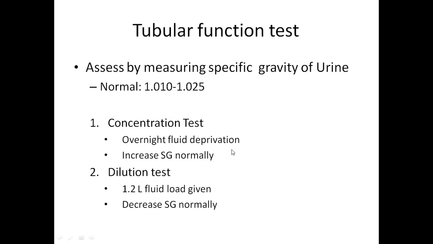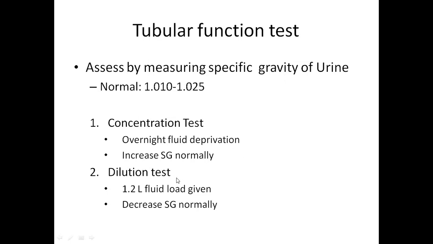Specific gravity of the urine is measured in the two samples. If in at least one sample the specific gravity is more than 1.025, it is suggestive of normal concentration ability of the tubular cells. The test is avoided in a dehydrated patient, remember.